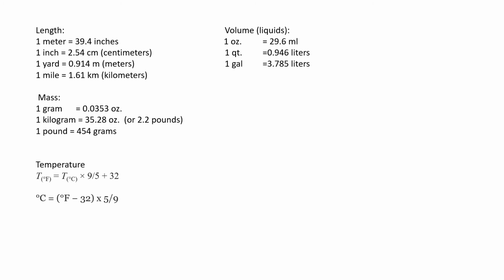So you're not really going to rely on that previous chart that I showed you, you're just going to rely on those conversions right here. And you have also the conversions for the temperature, how to go from Fahrenheit to Celsius, etc.